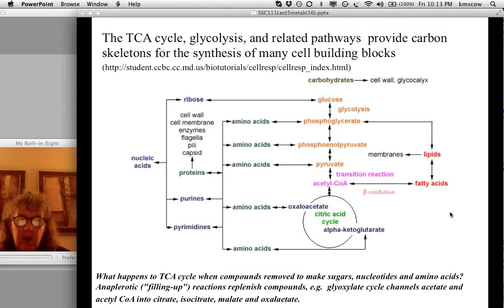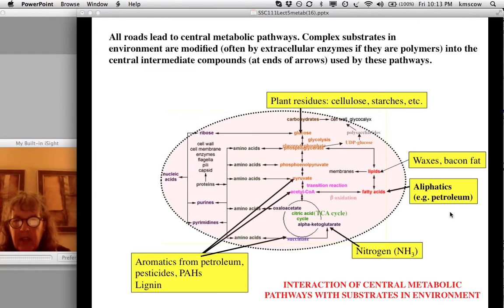What we see a lot going on out in the environment is that these complex substances, these big, often insoluble polymeric compounds that are left over when a plant dies, or fats, they could be petroleum compounds like aliphatics or aromatics.